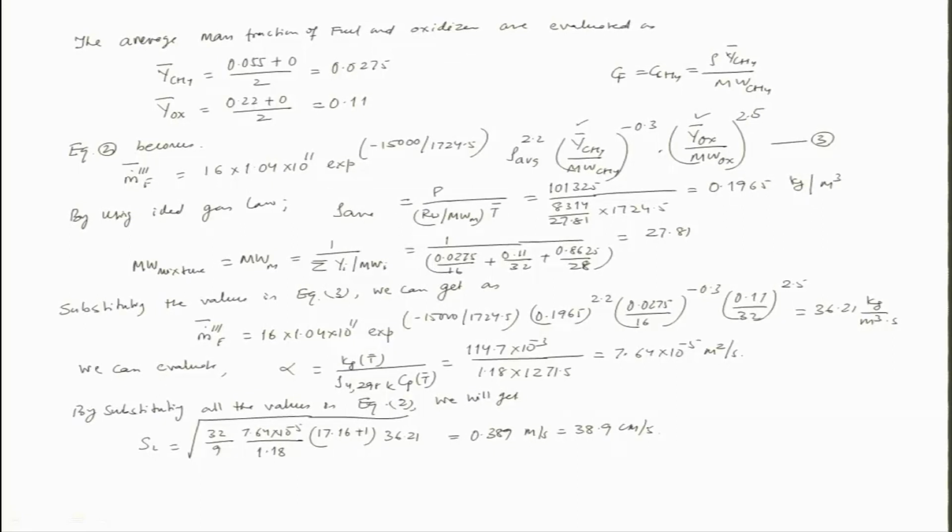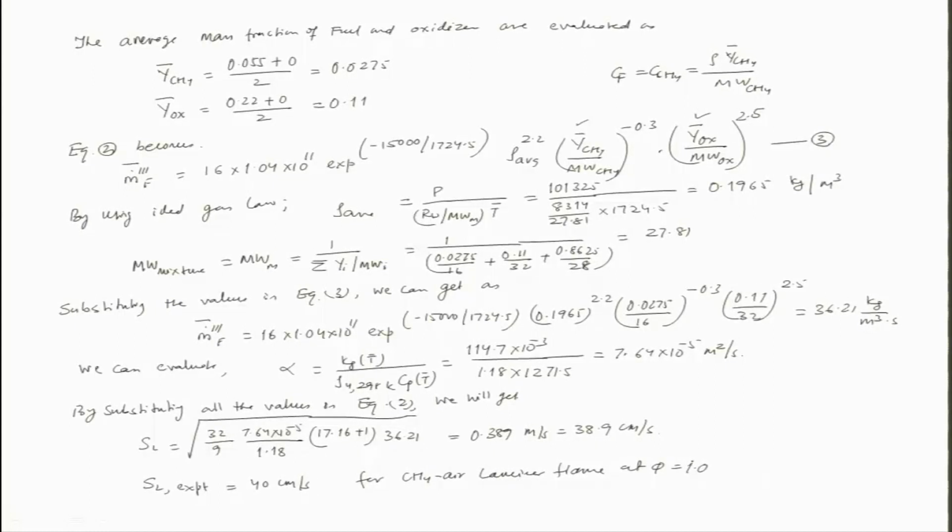If you conduct an experiment, it comes to something around 40 centimeter per second for a methane-air laminar flame at phi equal to 1.